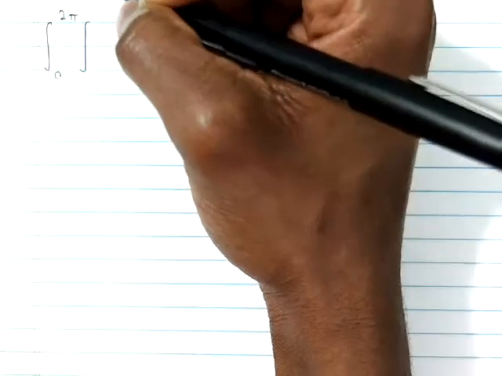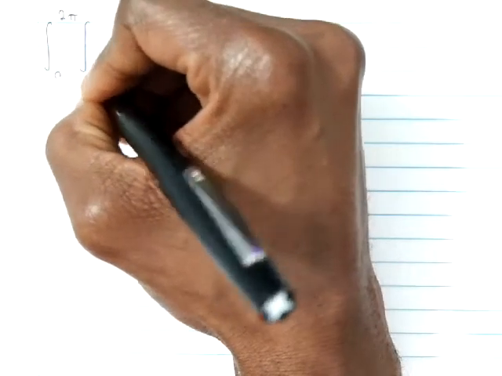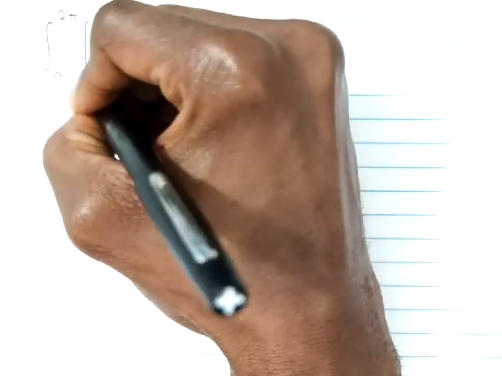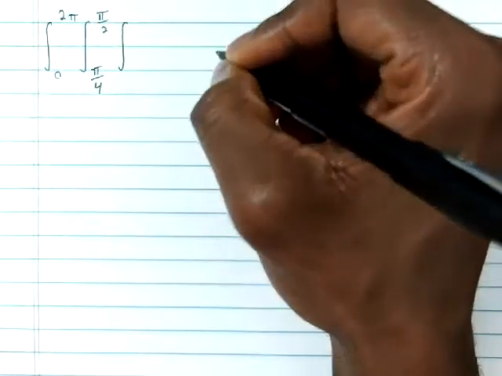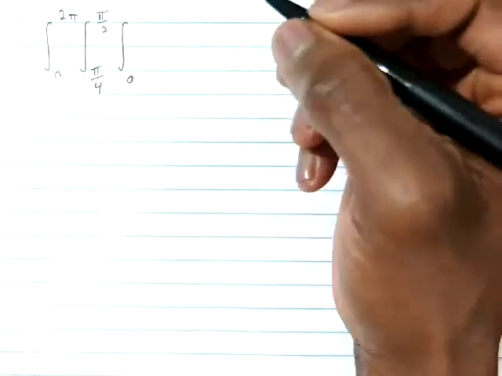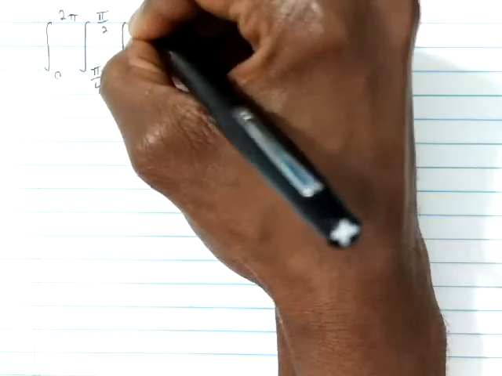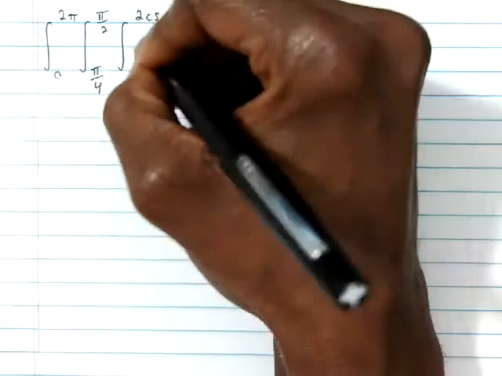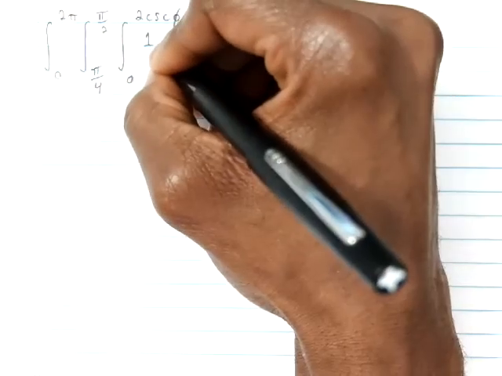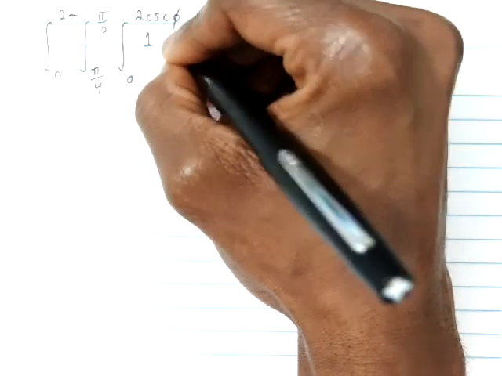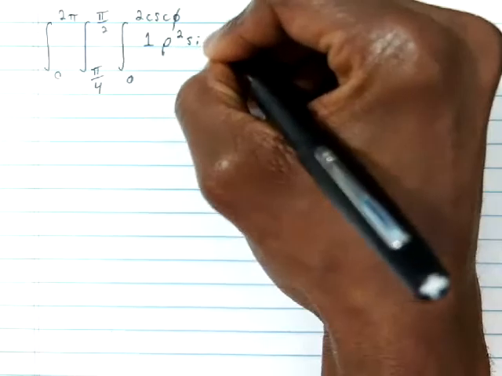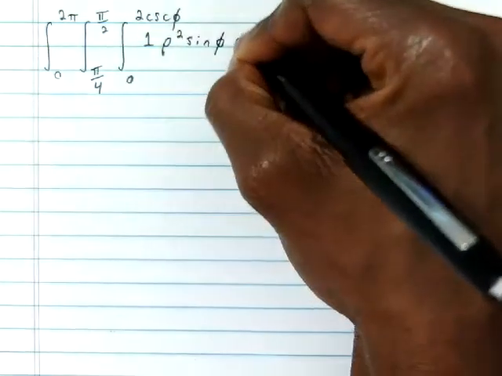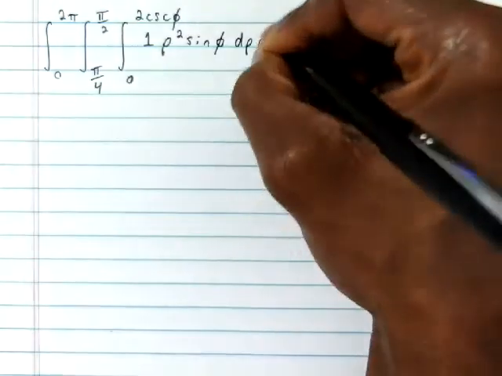Our phi went from pi over 4 to pi over 2. And our rho went from 0 up to 2 cosecant phi. Our integrand, we're finding volume, so our integrand is 1. But then we have the parameter that is always included when you're using spherical coordinates, which is rho squared sine phi. So d rho, d phi, and d theta.